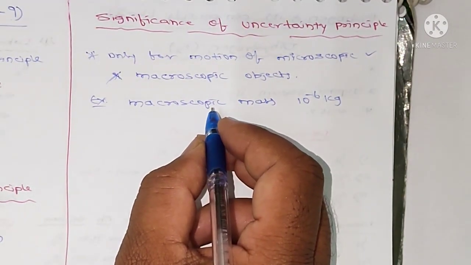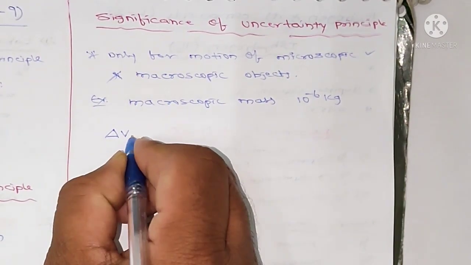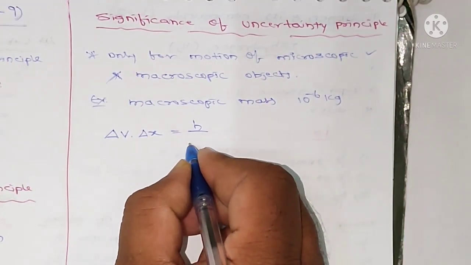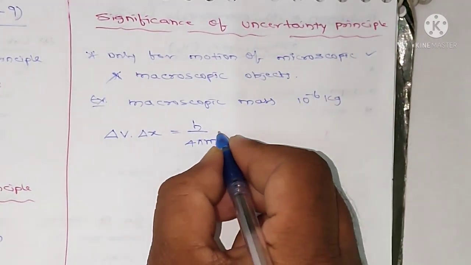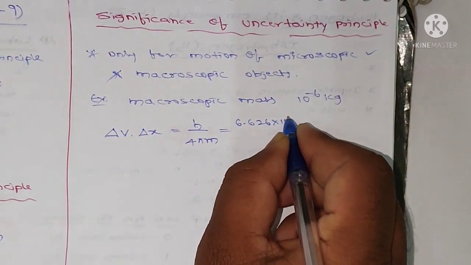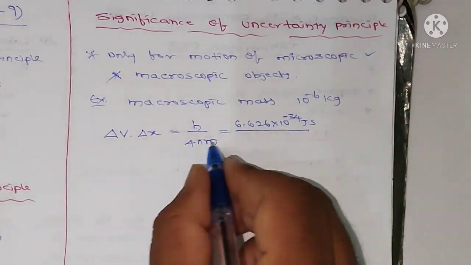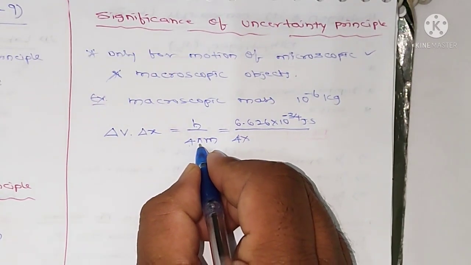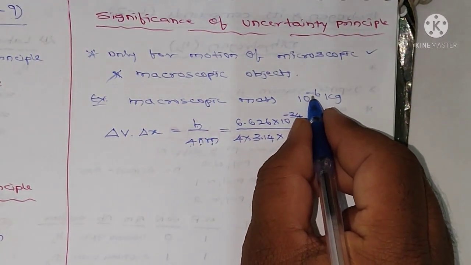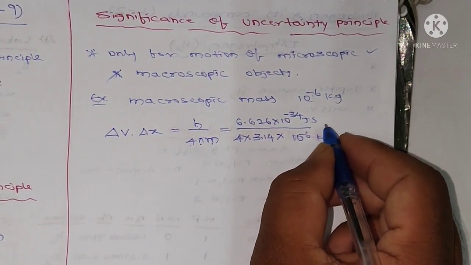According to Heisenberg principle, delta v into delta x is equal to h by 4 pi m, where h is the Planck's constant, 6.626 into 10 to the power of minus 34 joule second, divided by 4 into the pi value 3.14 into m, the mass 10 to the power of minus 6 kg.